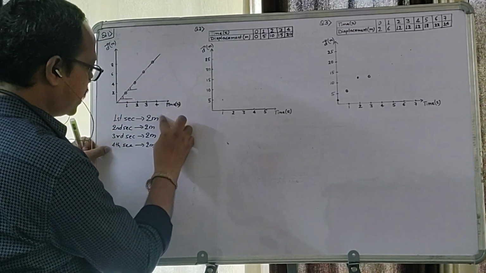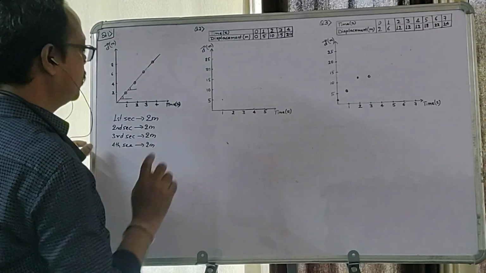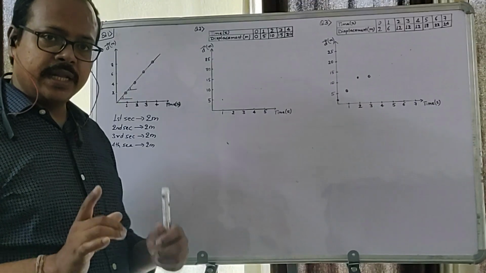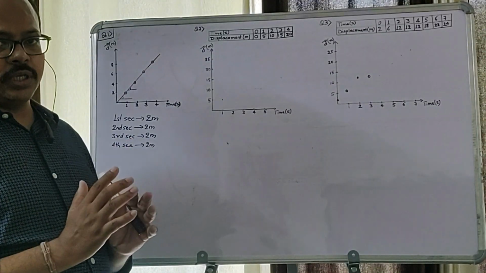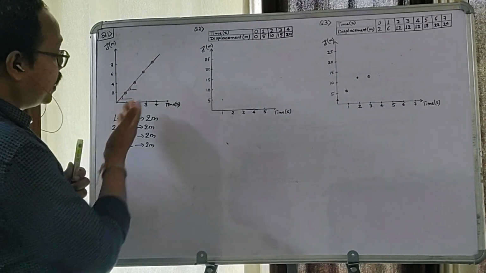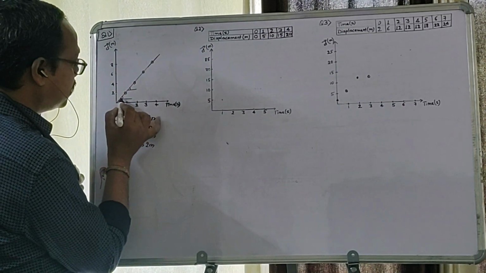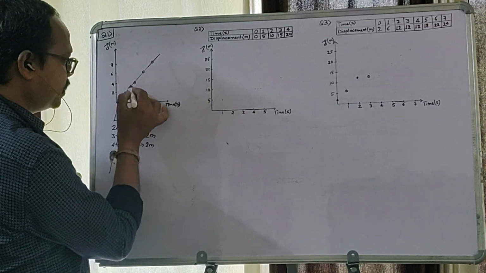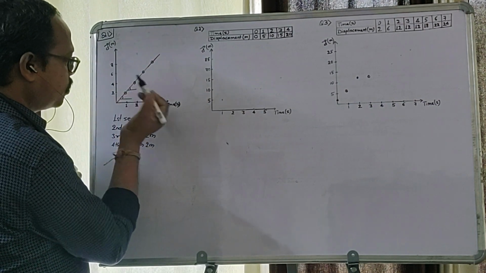Per second, it is making a displacement of 2 meter. So by seeing this data, we can say that the object is moving with a uniform velocity. Also mathematically, we can prove that fact: if you take the slope, you will find certain angles.